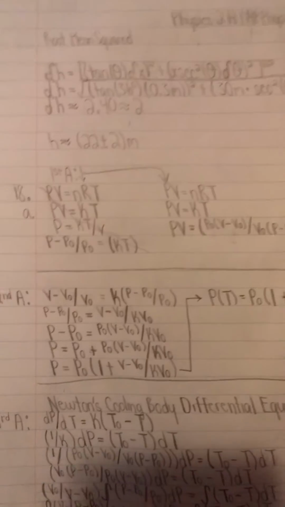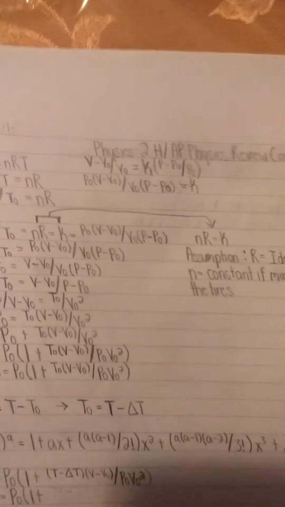For example, for the first attempt, I started the problem and couldn't figure it out. And then after 2 or 3 days of trying to rearrange the variables, I had to use Newton's law of cooling.